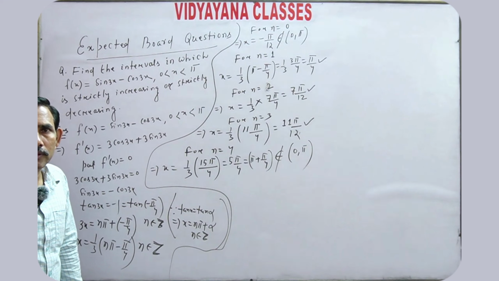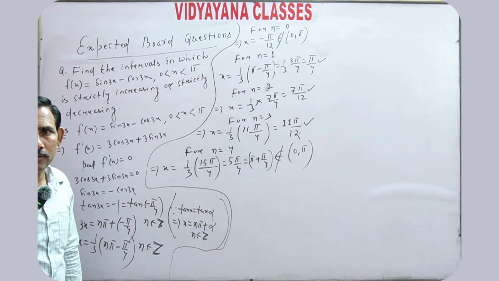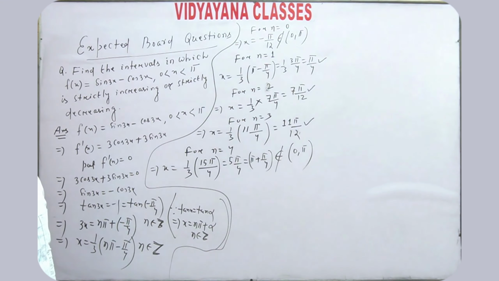The points at which the derivative is equal to 0, at its neighbor interval, the derivative is greater than 0 or less than 0.